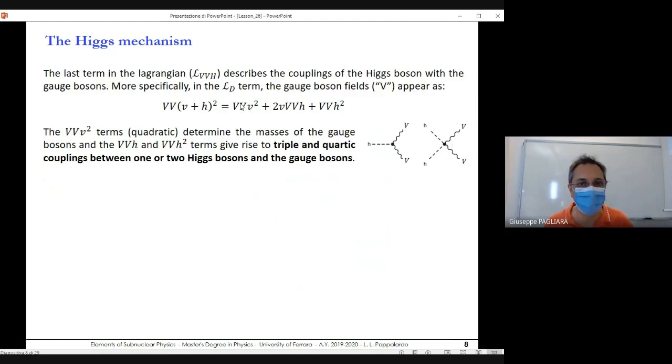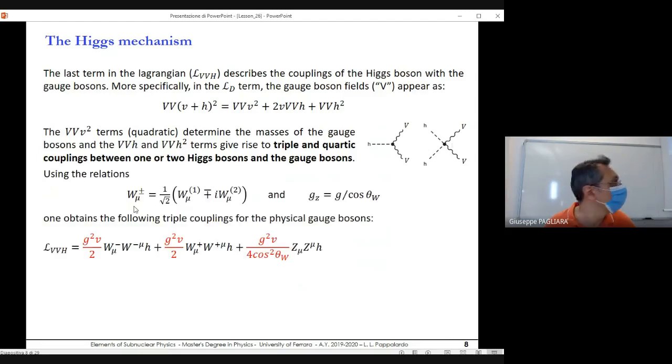In fact, this term corresponds to the mass terms. Now we have also terms like VBH and VBH squared. And this corresponds, as you can imagine, to the interaction of the gauge boson with the Higgs field, Higgs particle, actually the Higgs boson, or the interaction with two Higgs bosons. And you see here the corresponding interaction vertices. So this is the way the gauge boson interacts with the Higgs field, and it is indeed the way they acquire mass.